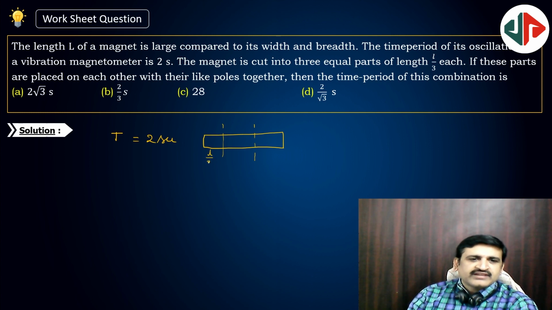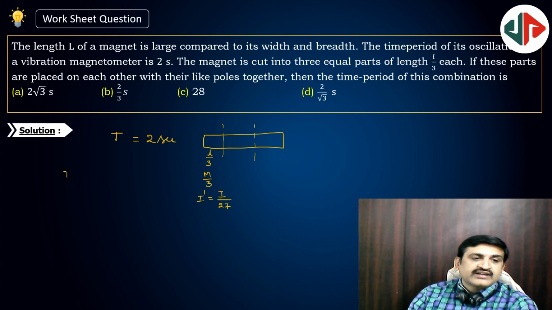Length becomes L by 3. Moment becomes M by 3. Moment of inertia becomes I by n cube, that means 3 cube, 27. Put these two things in mind.